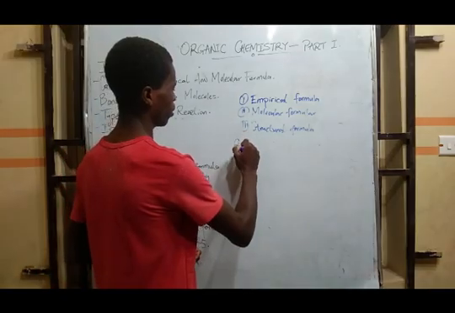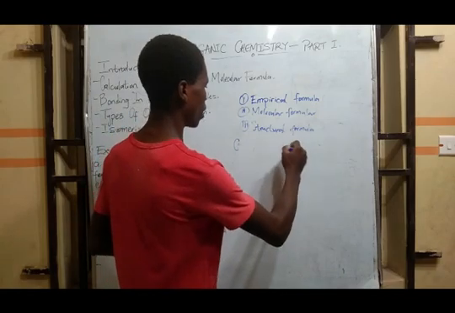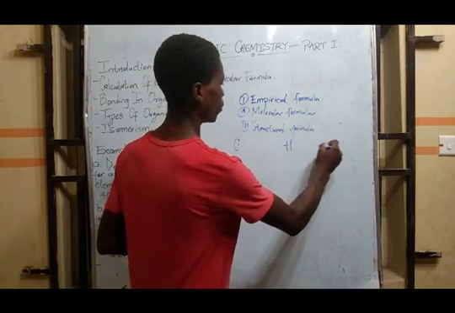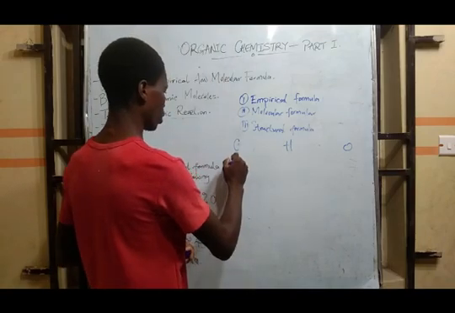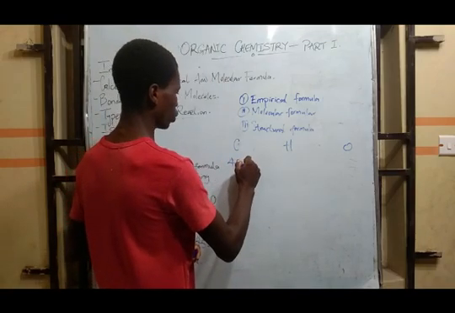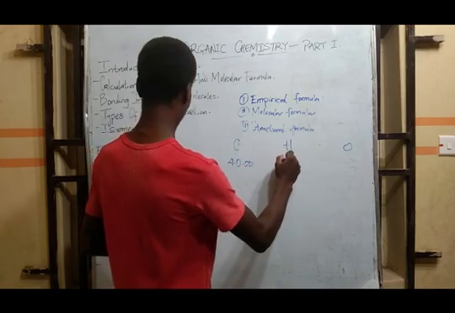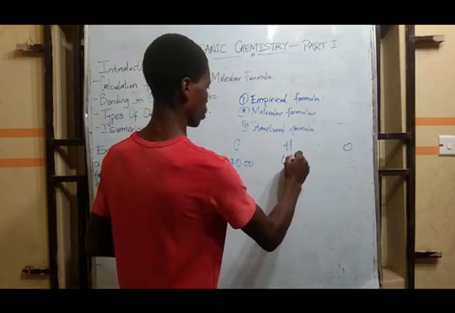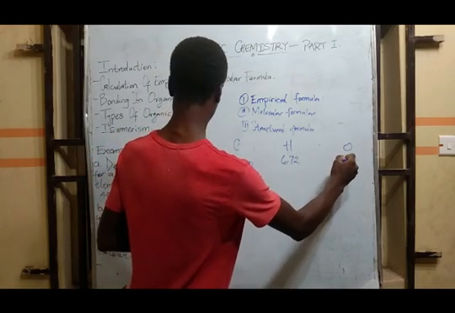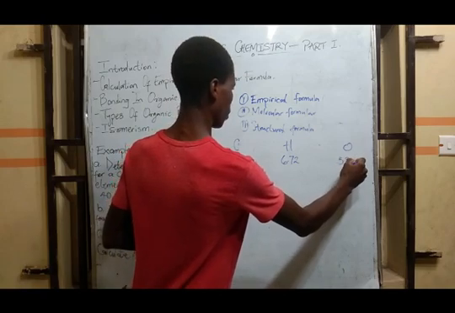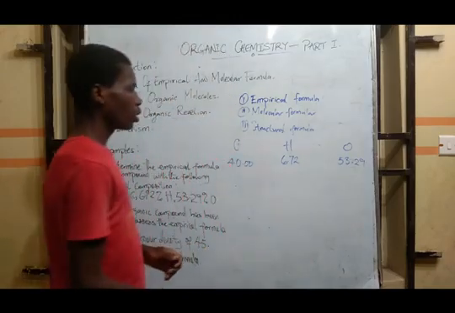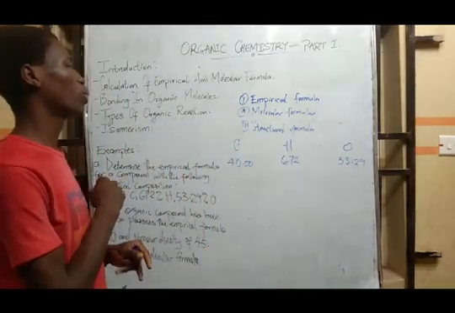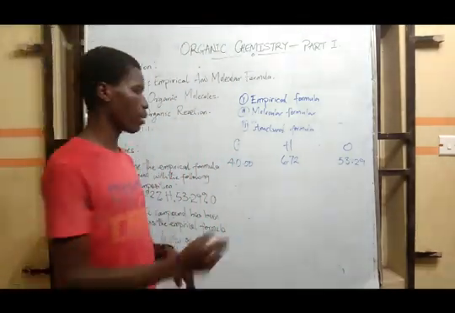We write the symbols for the elements: carbon, hydrogen, and oxygen, and under them you position their percentage composition, 40, 6.72 and 53.29. Now we divide their percentage composition by their relative atomic mass.